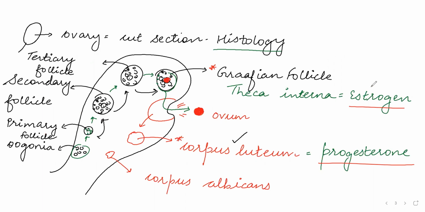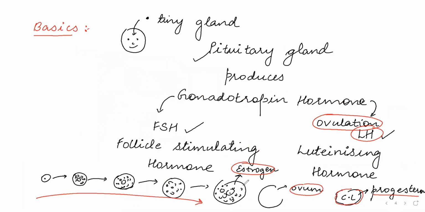The Graafian follicle releases estrogen and the corpus luteum produces progesterone. FSH is responsible for stimulating the follicle so that the Graafian follicle is formed, which will release estrogen. And LH is responsible for breaking the Graafian follicle so that the ovum is released out. This act is called ovulation. And then the corpus luteum will release progesterone. Both FSH and LH are released from the pituitary gland.